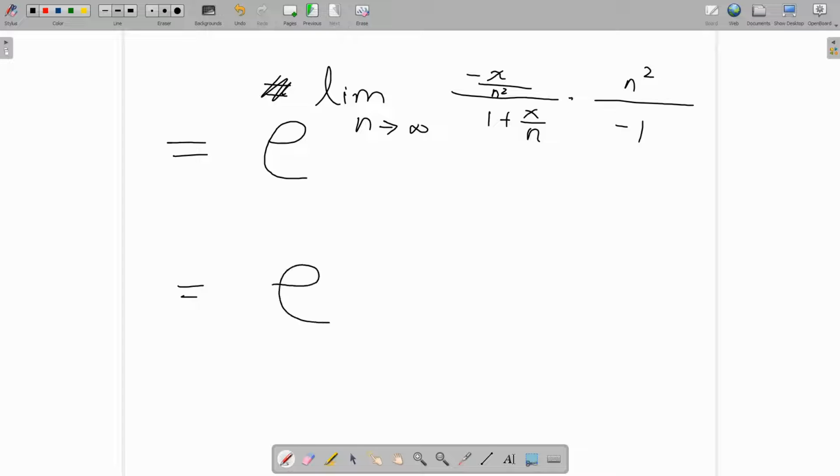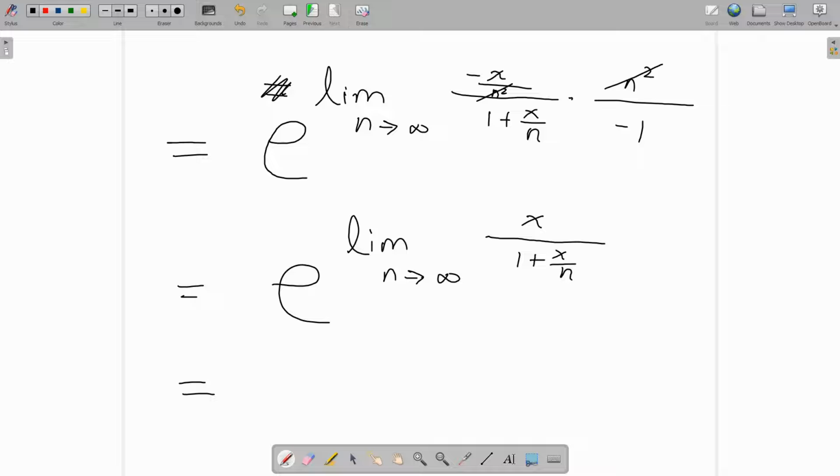So we have e raised to the limit of, we can cancel this n squared. Let us cancel the negative, so everything becomes positive. So we have the limit of x over 1 + x/n.